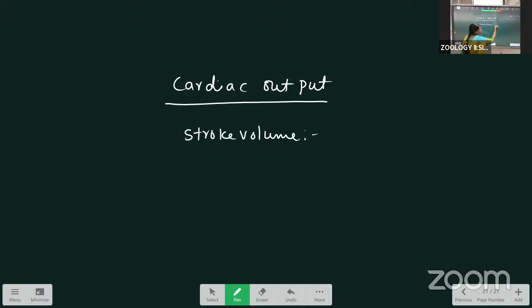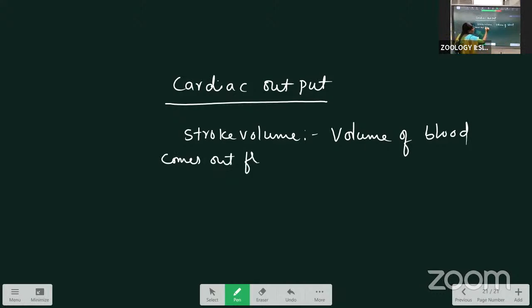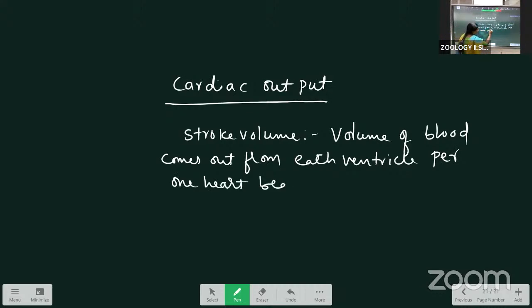Volume of blood that comes out from each ventricle per one heartbeat is called stroke volume.